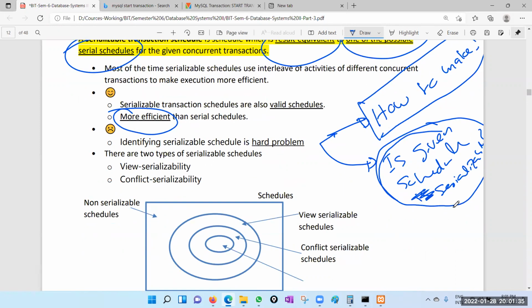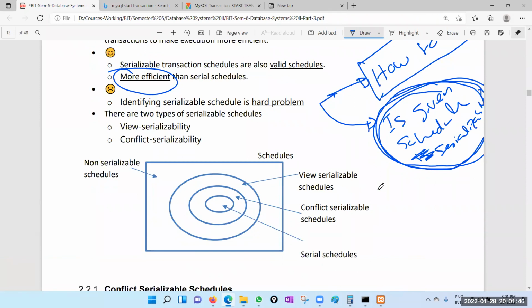How to check whether a given schedule is serializable or not. In other words, whether the given schedule is equivalent to a serial schedule or not. There are 2 types of serializable schedules: conflict serializable schedules and view serializable schedules.